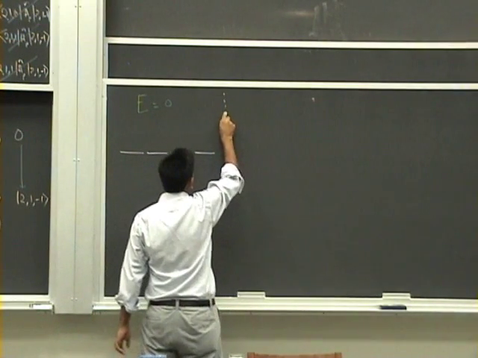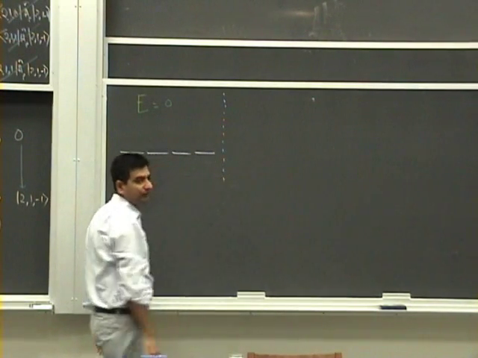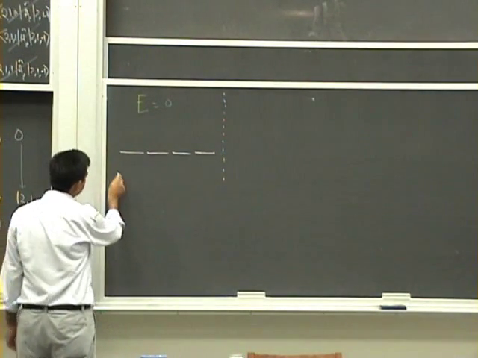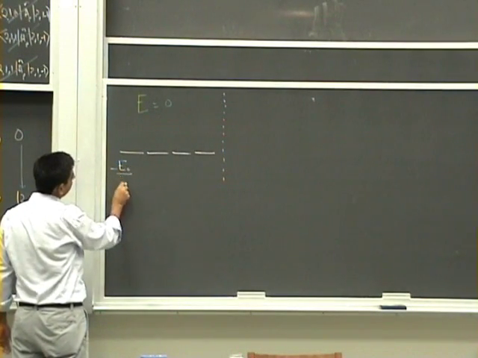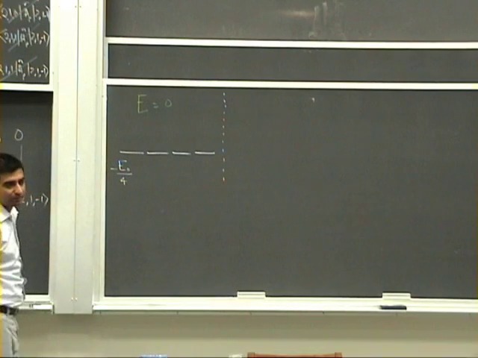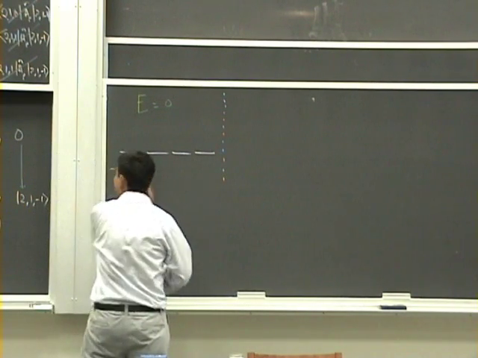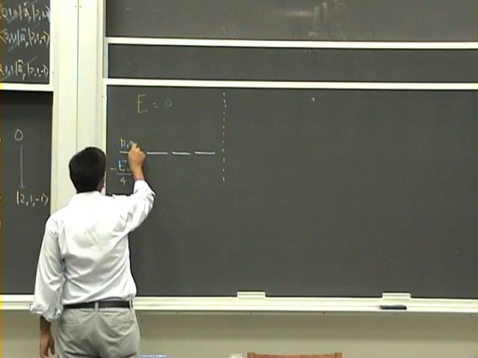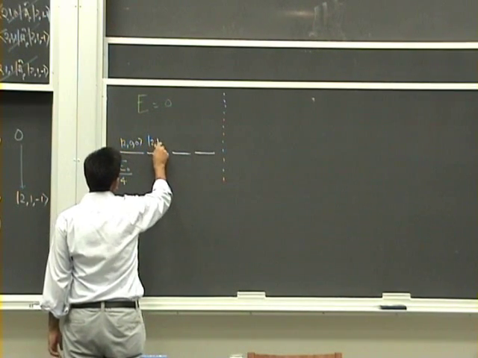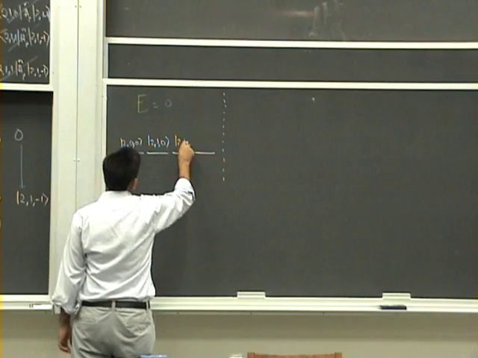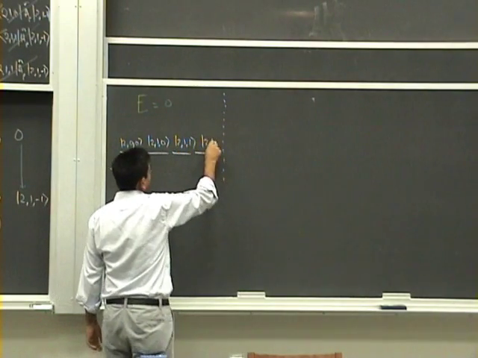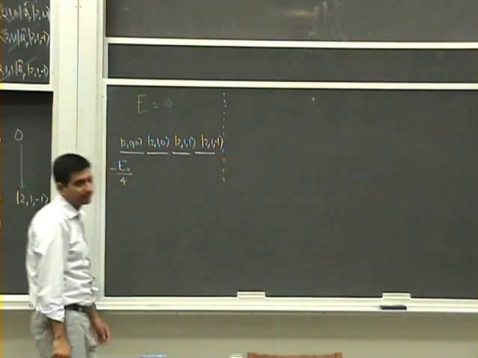All of them at the same energy. That energy was some minus E naught over 4, where E naught is 13.6 electron volts. Okay. Now, these states are |2 0 0⟩, |2 1 0⟩, |2 1 1⟩, |2 1 -1⟩. All 4 of them have the same energy.